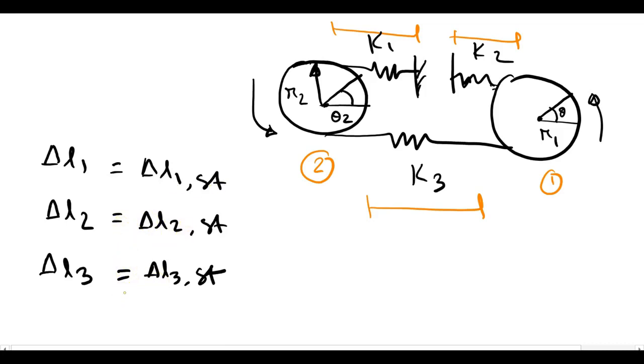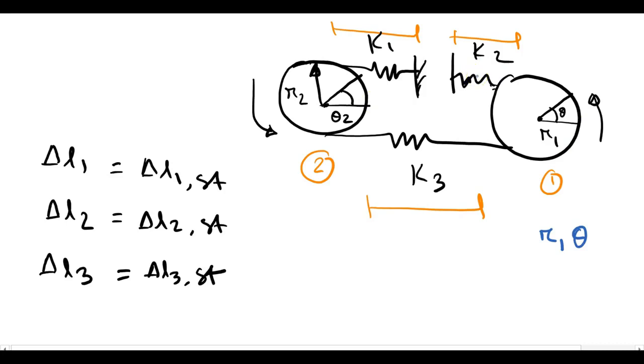Now let's consider our first case, where pulley 1 is rotating at an angle theta and pulley 2 stays still. So pulley 1 rotates an angle theta 1, giving displacement r1 theta. Let's consider what the effects on the springs will be. When this moves, K2 will be shortened or compressed.